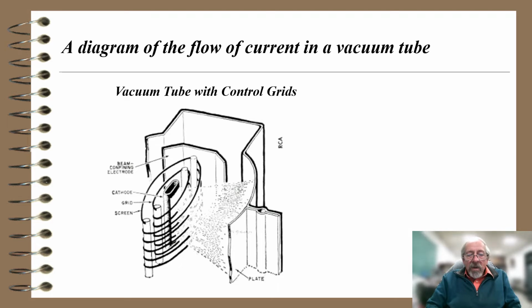What you notice in the diagram is it squints the flow of electrons down, especially if I put a negative voltage on those two grids, as they're called. Those are called control grids, and they can modulate or adjust the flow of current in the vacuum tube.